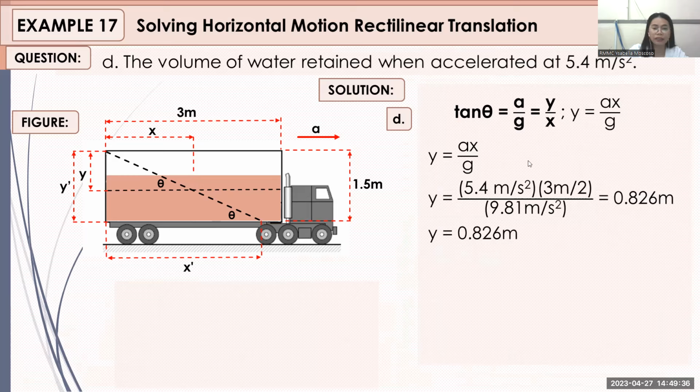And ano ba yung y air natin dito kanina? Your y air is equivalent to 0.3, 1.5 minus 1.2. Ibig sabihin, this is greater than. If your y is greater than your y air, there is spillage.